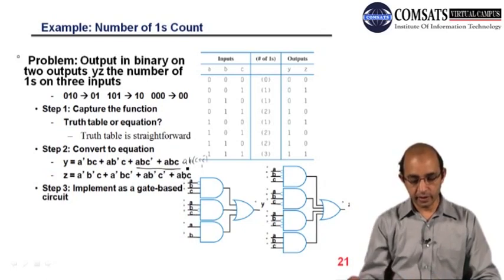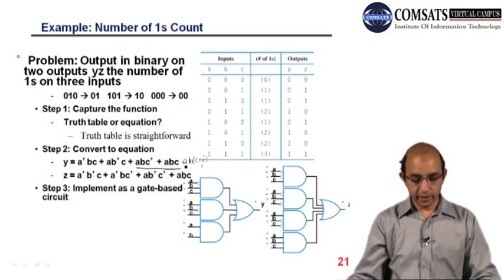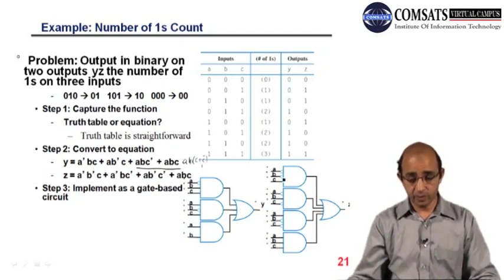ORed, added. So if you look at Z, you can see that A bar B bar, they are complemented. We have controlled the complements externally. And then we have C, they are ANDed.